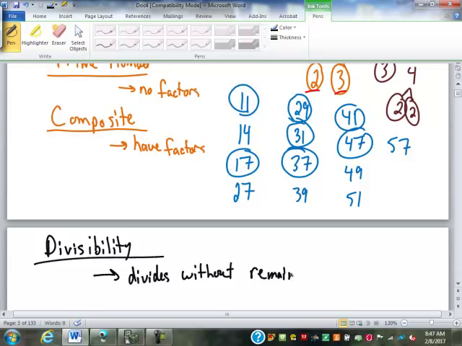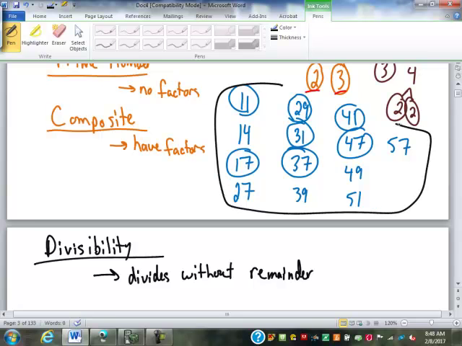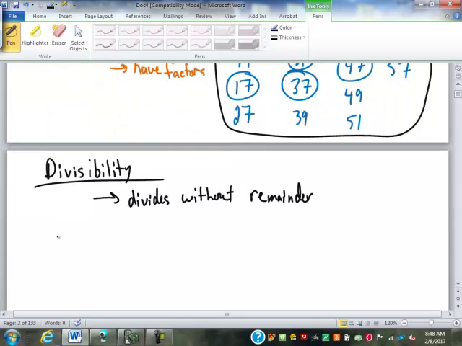So it divides with no remainder. As you saw going through this list here, it can sometimes be difficult to decide whether a number has factors, whether it can be divided by anything. So we're going to look at divisibility rules here.